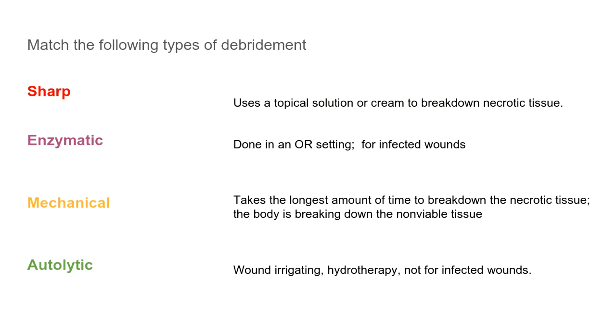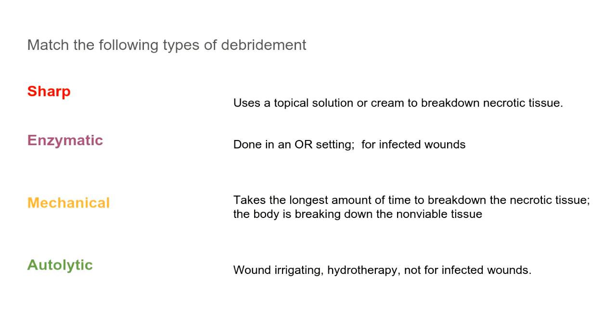What do we mean by that? What do you remove? Necrotic tissue, dead tissue. So if the wound is infected, you need to get that off of there. I say you, but it's not really the nurse. But the patient needs to get that removed ASAP.